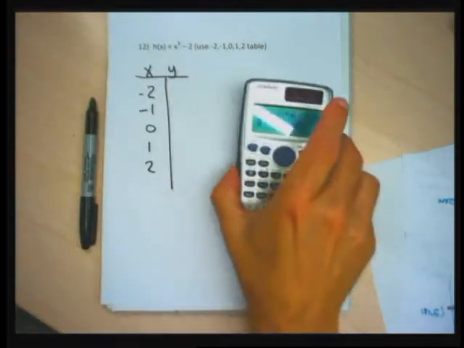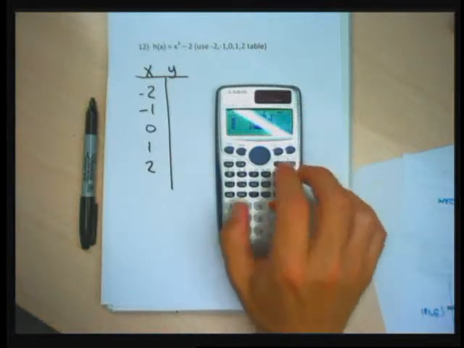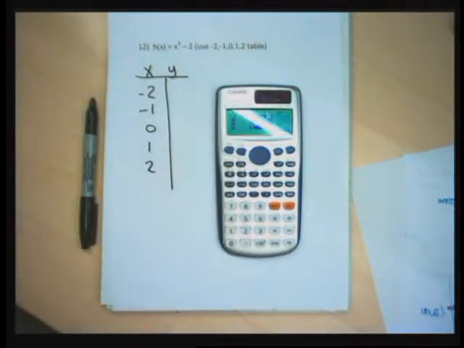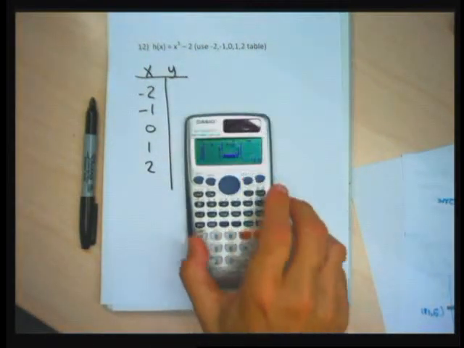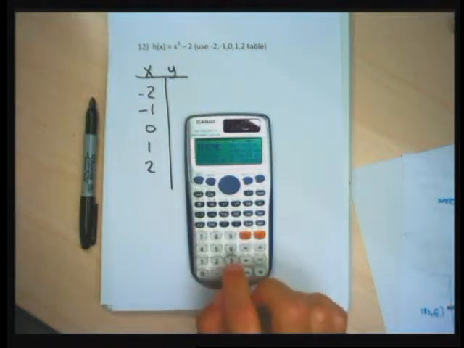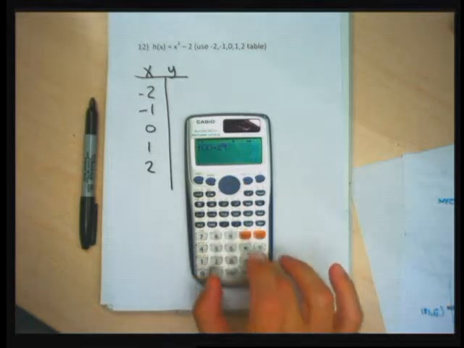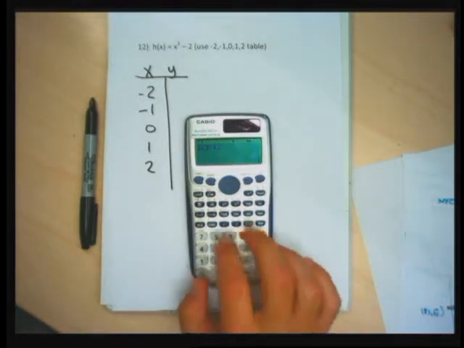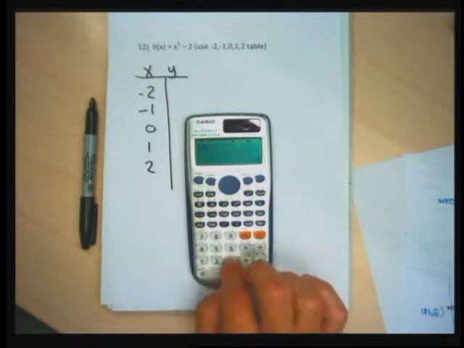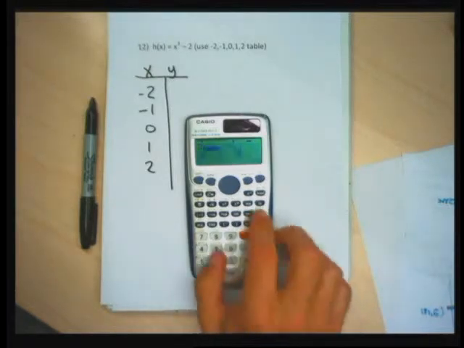So I'm going to use this table of values because I decided for you that it was going to at least give me a decent picture. So I'm going to go mode table alpha x cubed minus 2, start at negative 2, end at 2, step 1.